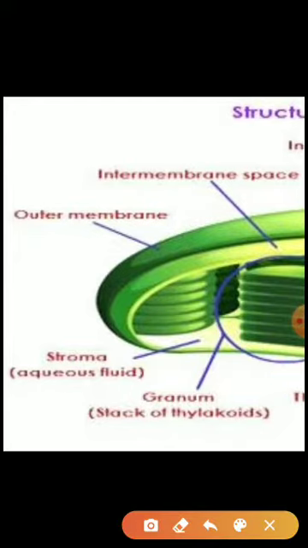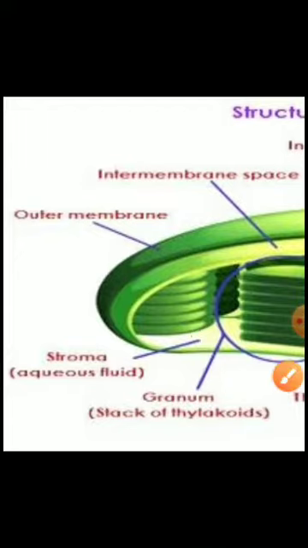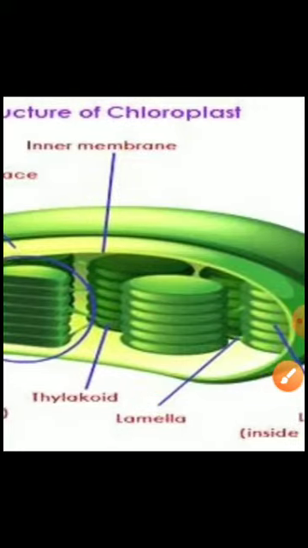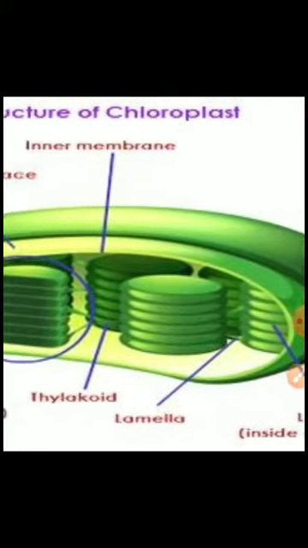This is stroma, that is an aqueous fluid which is filled inside the double membrane structure. You are looking here, this is the outer membrane, this is the inner membrane space, and this is the inner membrane. So there is a space between outer membrane and inner membrane, that's why it is called double membrane structure. So dear students, this is about the structural diagram of the plastid or chloroplast.